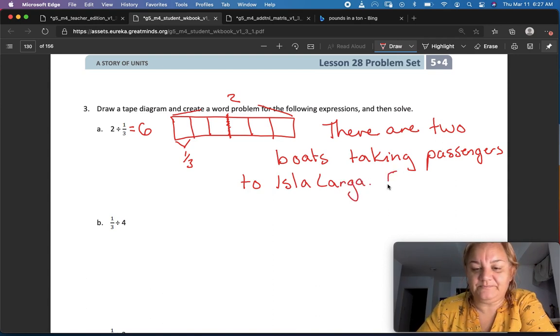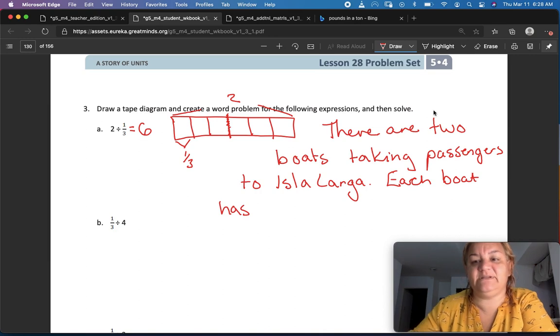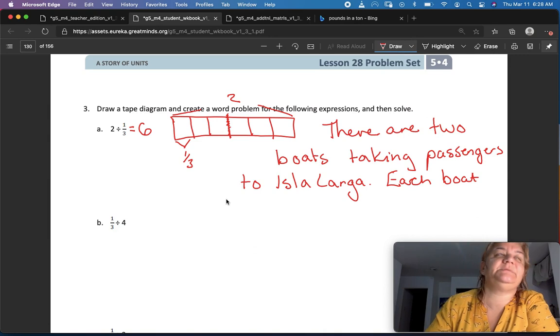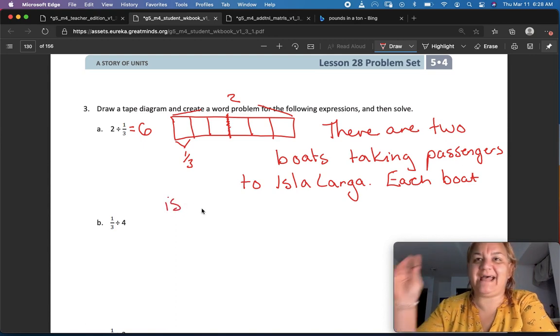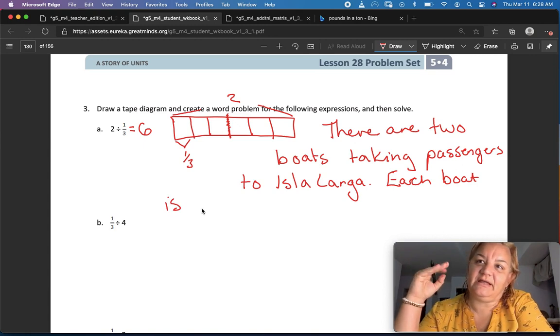Okay, each boat is split, or how do I want to say that? Each boat has a bench in every third of the boat.